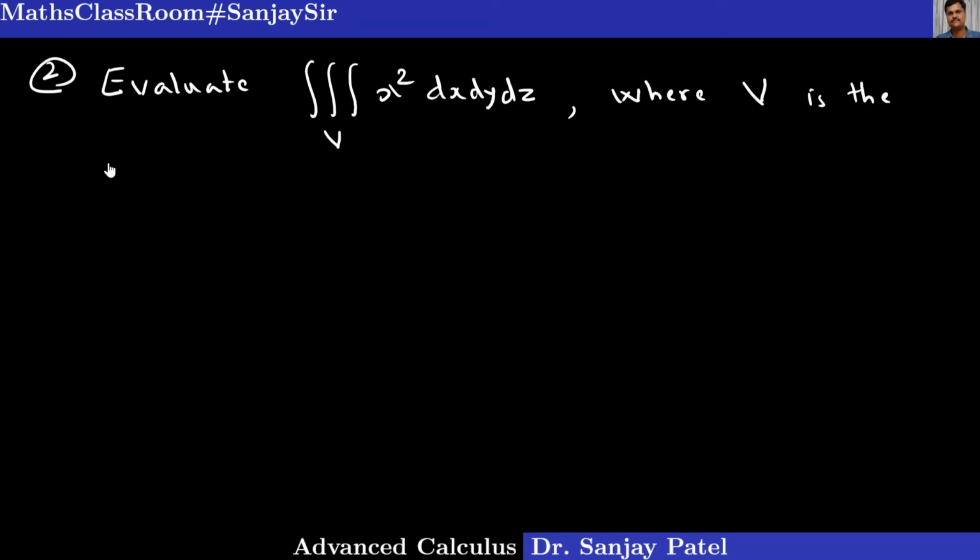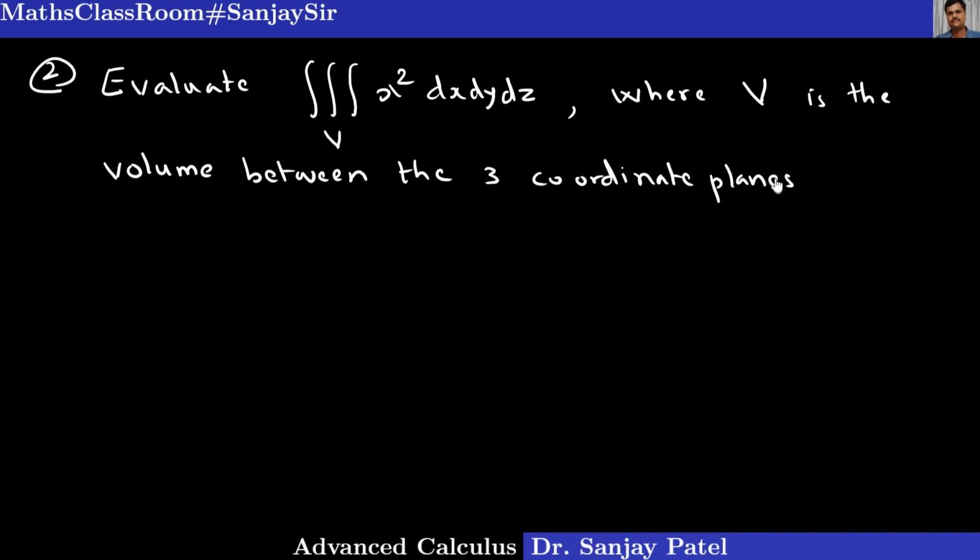the volume between the three coordinate planes, that is the xy, yz, and zx planes, and the plane, there is one more, that is given by x plus y plus z equal to a, where a is some positive number, just for simplicity.